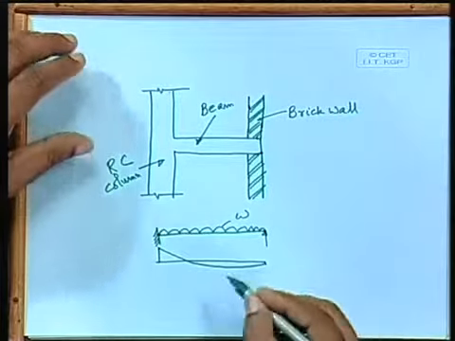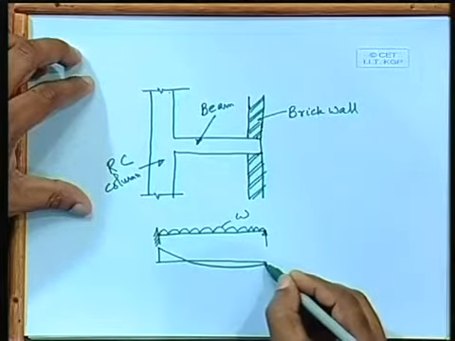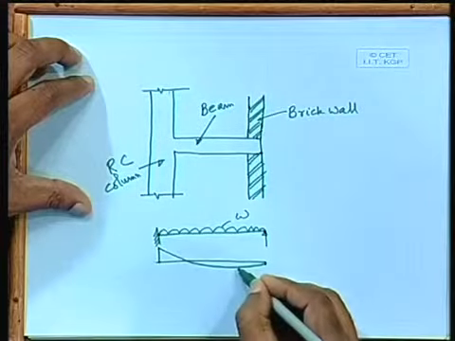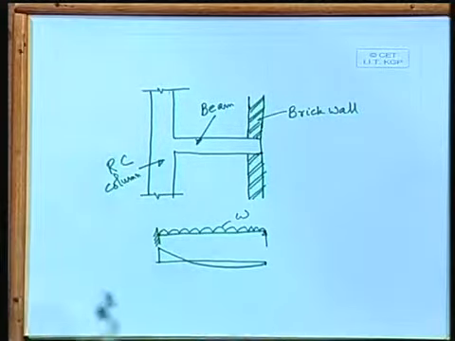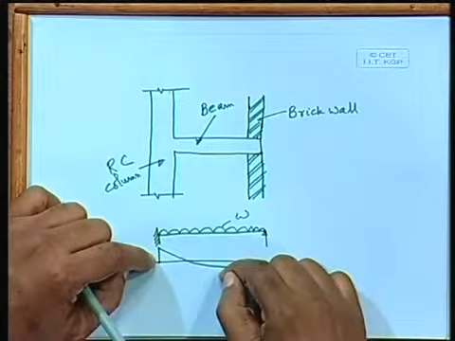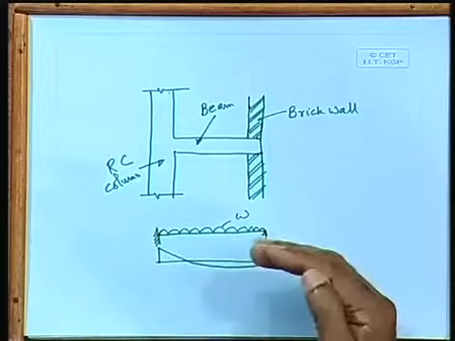This will be the nature of the bending moment diagram. Here this is 0 and we shall get support moment and we shall get span moment also, and we have to find out what is the maximum moment between these two, and then we have to design.